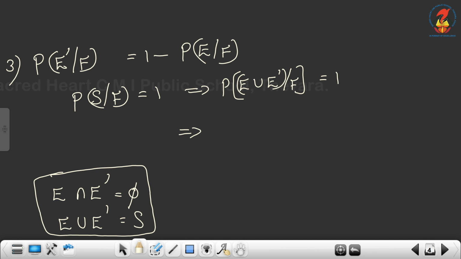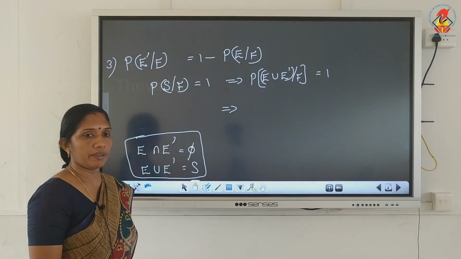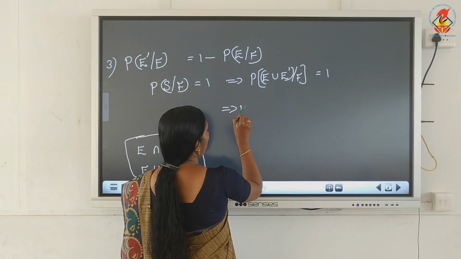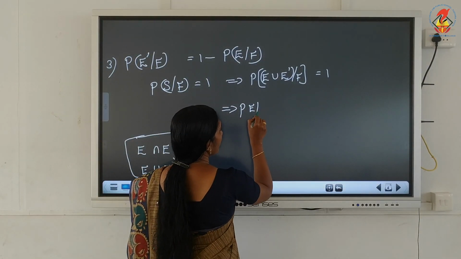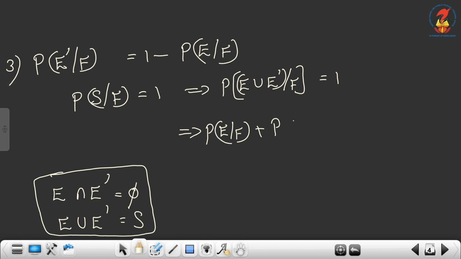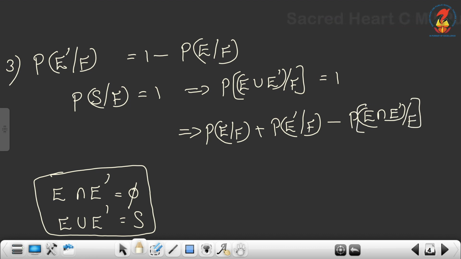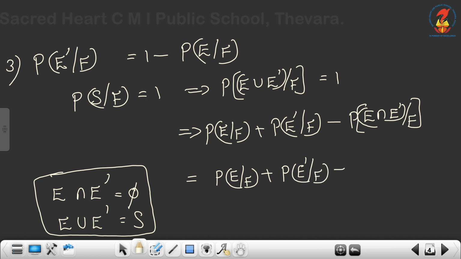So, using the second property, P of A union B given F, with the first event E, is P of E given F plus P of E complement given F minus P of E intersection E complement given F. What is this last one?